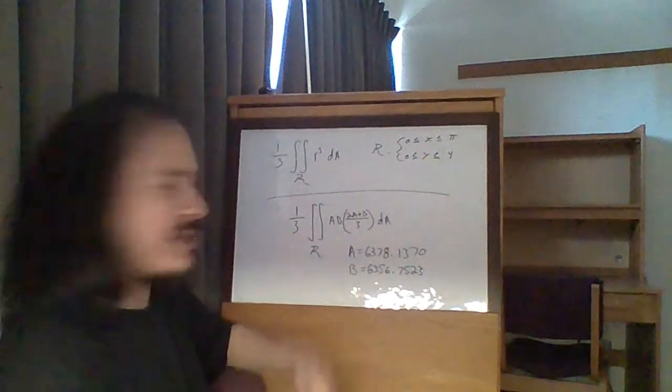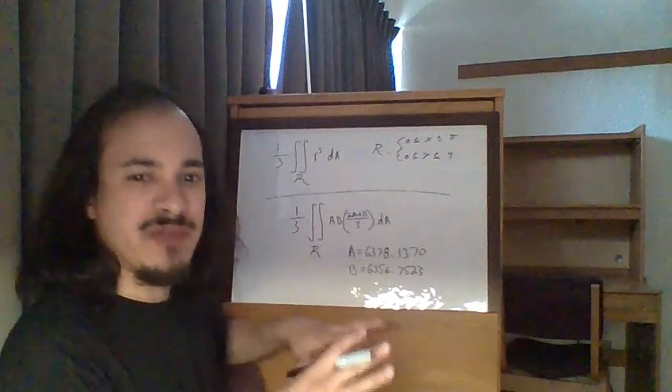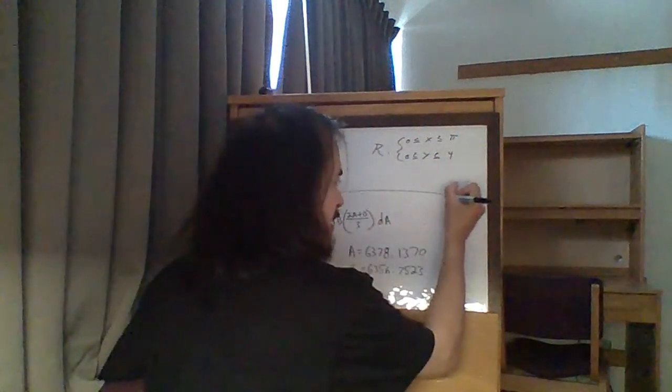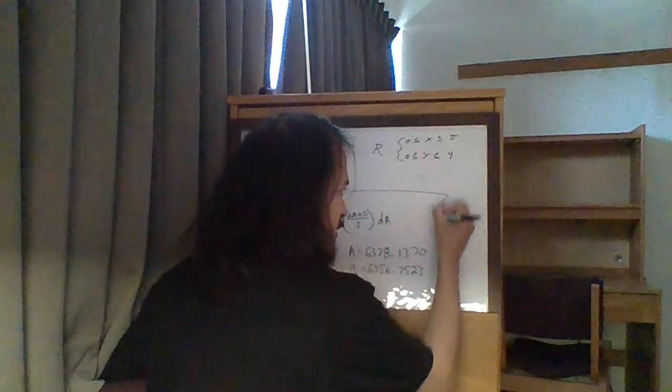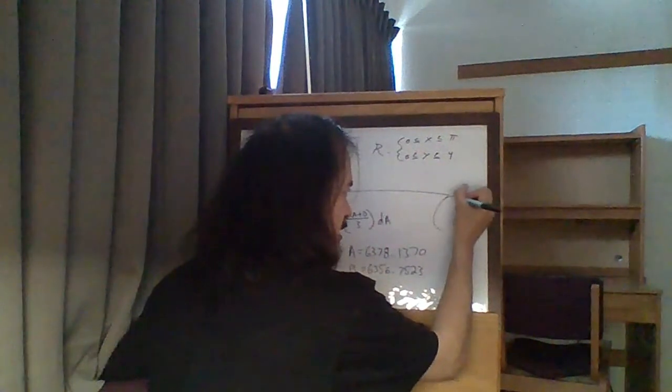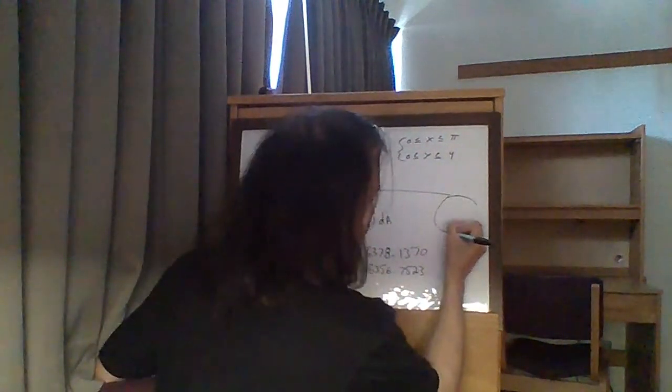To give yourselves a really quick visualization of what we're looking at here: remember, the Earth isn't exactly that perfect circle or perfect sphere.